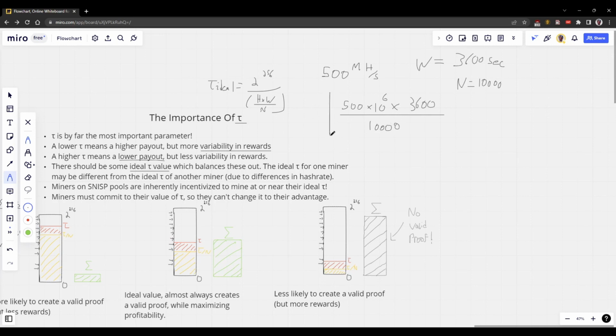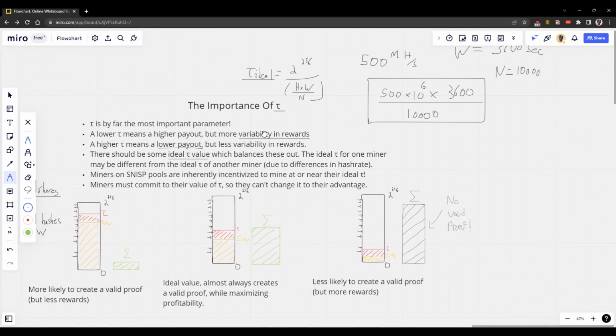This right here would give you the difficulty representation of your ideal TAW value. So you could say it's your ideal difficulty. Then if you use the difficulty to target conversion by dividing the entire thing from 2 to the 256, you get your ideal TAW value.